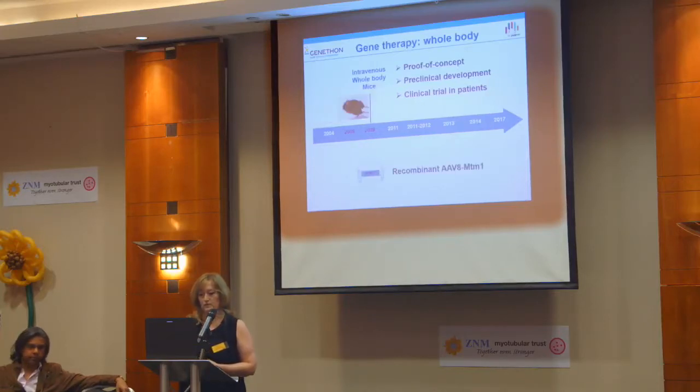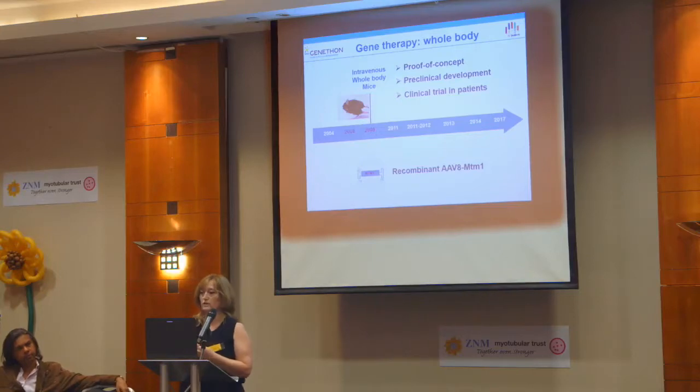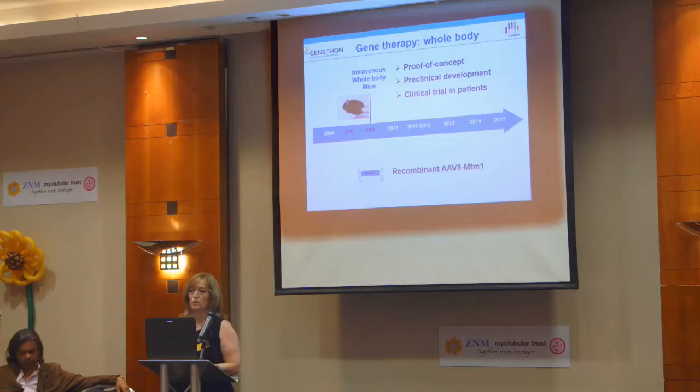So I went there in 2009, and at that time, we changed the type of vector. Instead of using an AAV1 vector, we decided to use an AAV8 vector. Why? Because this type of vector is able to distribute very well in all the body compared to the AAV1. So, of course, in myotubular myopathy, we want to treat all the muscles of the body.